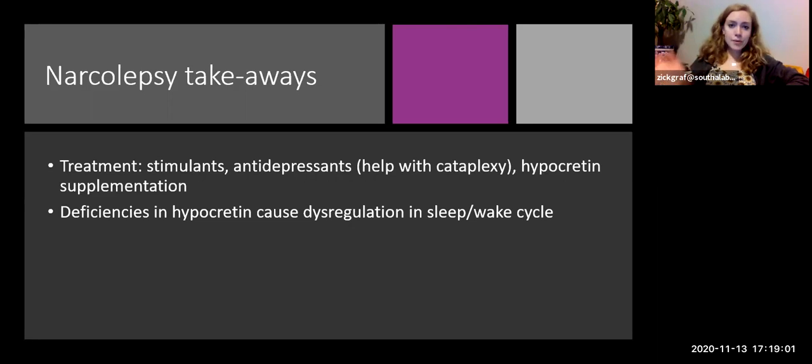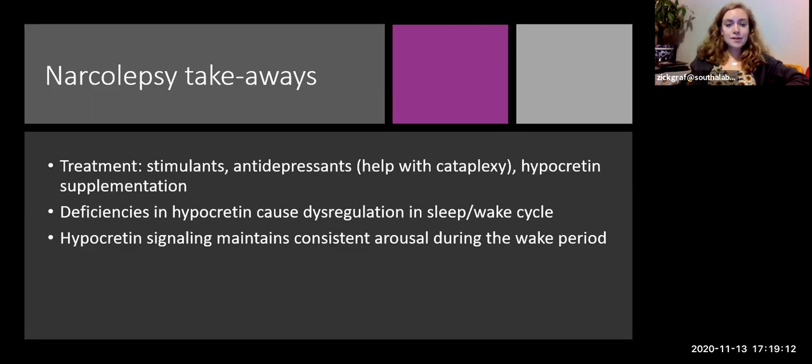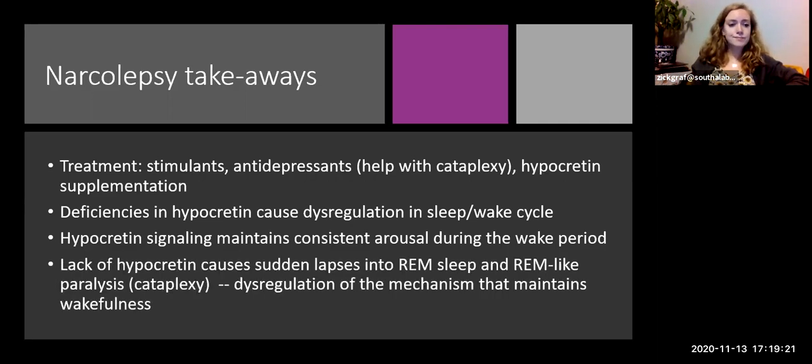But the important thing about narcolepsy is that it has a very specific known biological cause. It's a lack of hypocretin production and signaling, causing dysregulation of the sleep and wake cycle. Hypocretin signaling in our brainstem maintains consistent arousal during our awake period. And when hypocretin is suppressed during sleep, it allows us to maintain consistent sleep as well.